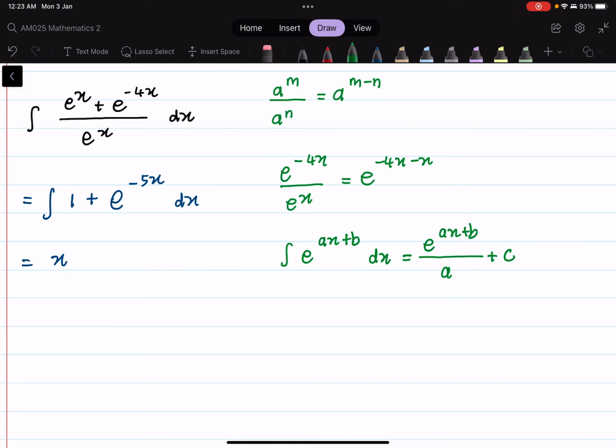So for e^(-5x), we're going to get e^(-5x) divided by negative 5. So I'm going to write down this negative here. It was supposed to be plus, but plus times negative is negative.